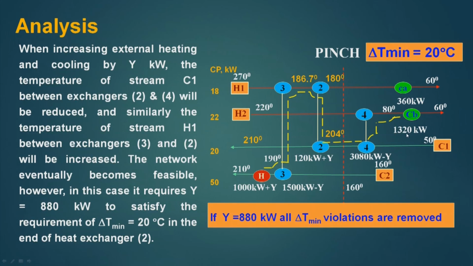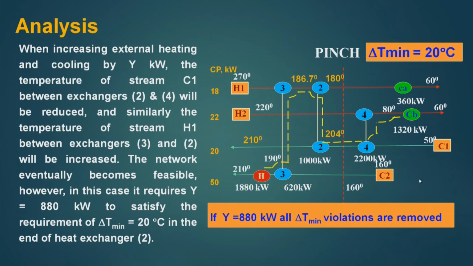So, this size increases to 1320 kilowatt. Now, this size increases to 2200 kilowatt, and this size increases to 1000 kilowatt, this size increases to 620 kilowatts, and this increases to 1880 kilowatts.